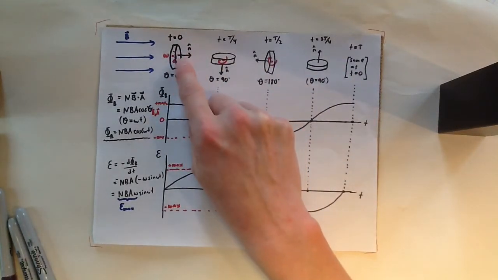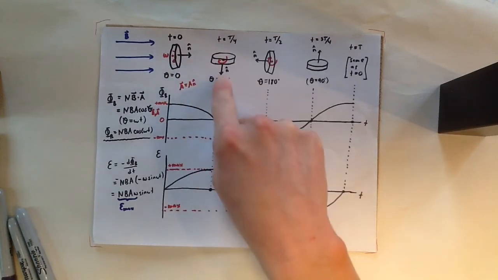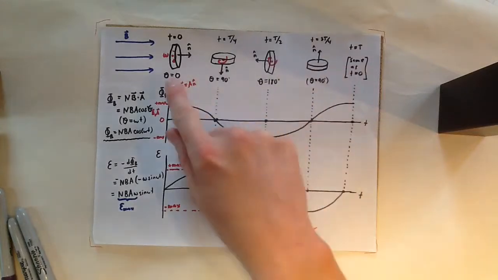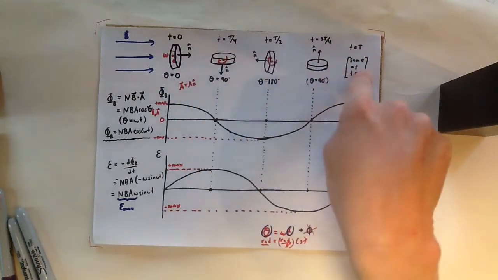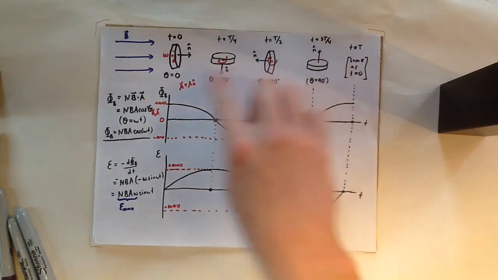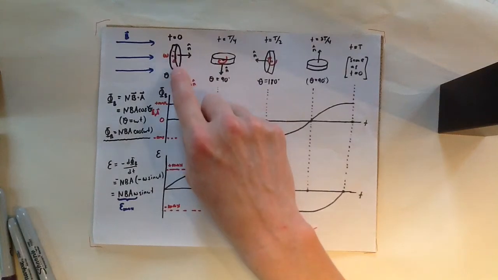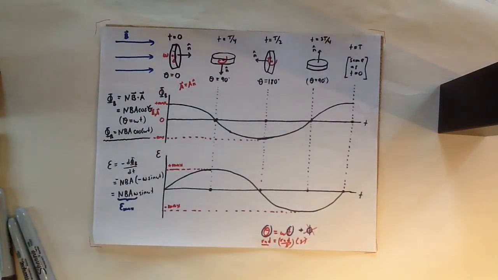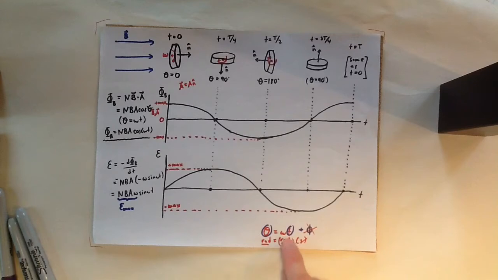So what happens over time is that this loop is rotated, so the normal will rotate with it, and we can do the play-by-play of what happens in one full cycle of rotation that starts with the time here. Before I get to that, I should mention that you would really want to stay in SI units here: radians per second for the angular speed and radians for the angle.